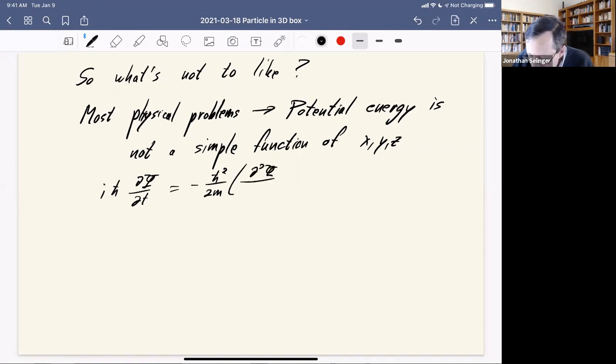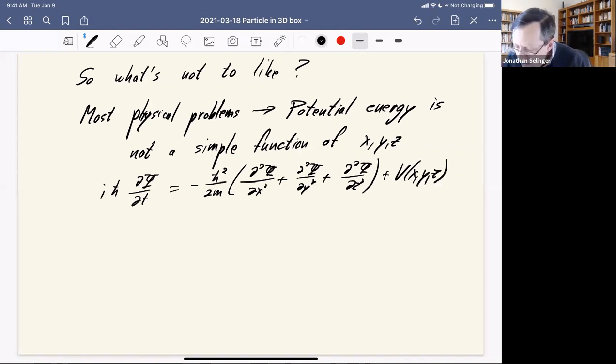This second derivative with respect to x, and the same thing with respect to y, and the same thing with respect to z, plus V of x, y, and z times psi of x, y, z, and t. Okay. But normally, in most physical problems, this V of x, y, and z is not some simple function of x, y, and z.